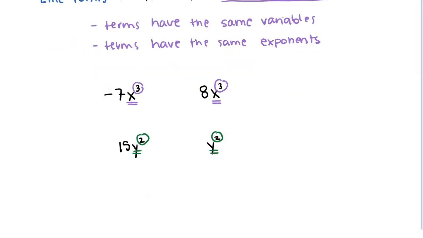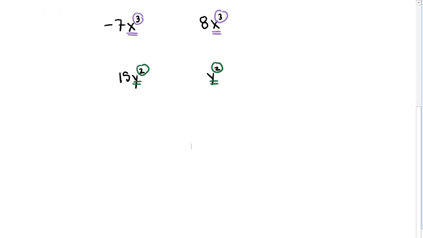Sometimes it can be just as helpful to look at non-examples of a definition to understand it better. Can you think of any examples that are not like terms, but still have variables with exponents? Well, here, maybe I'll write down an example. If I have something like 10x squared, and I have 11x.